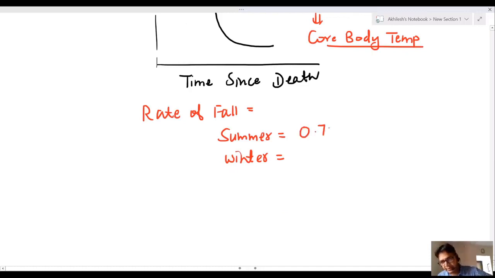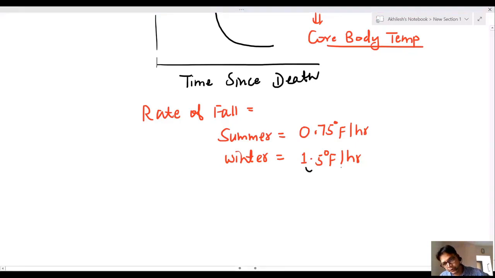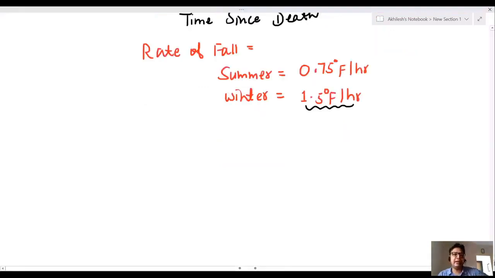In summer, it is 0.5 degree Fahrenheit per hour. In winter, it will be high, double, 1.5 degree Fahrenheit per hour. Why in winter is it high? Because in winter the outside temperature is less, so the rate of fall will be more. Rectum is the best site.